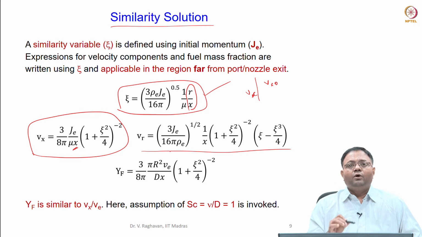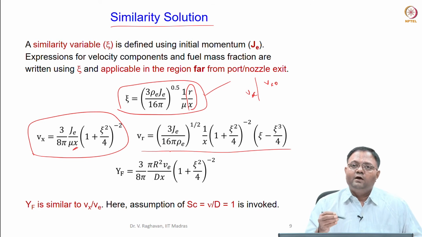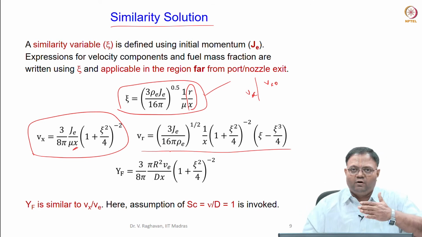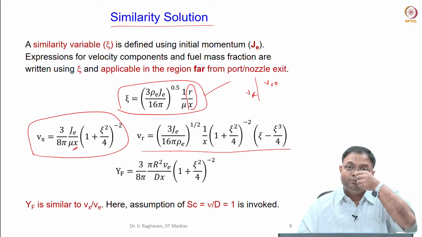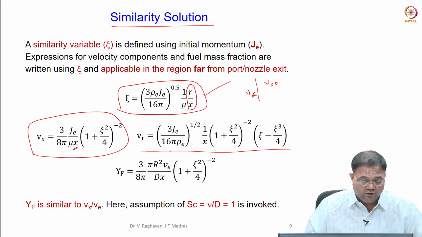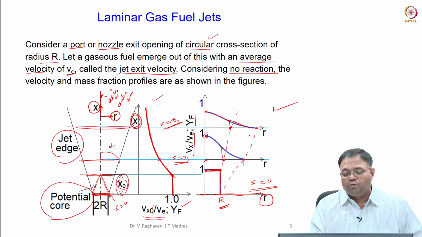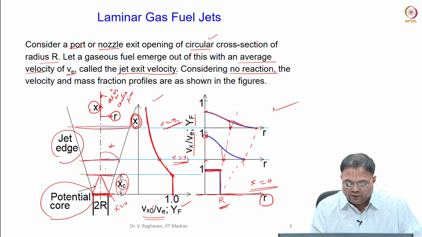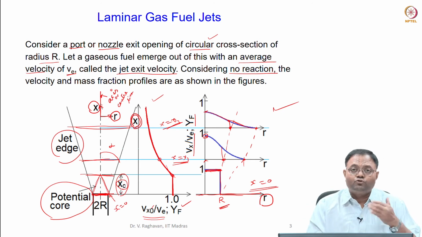As I told you, these are going to be applicable only after a particular distance away from the jet exit potential core. Only away from that will the similarity be there. If you see the profiles again, they are going to be self similar only after a particular axial location, which is much greater than xc, the potential core.